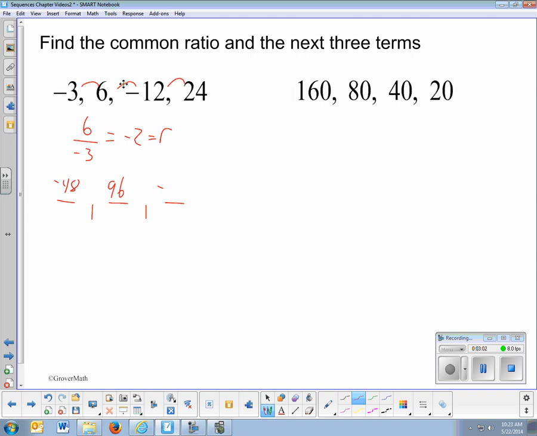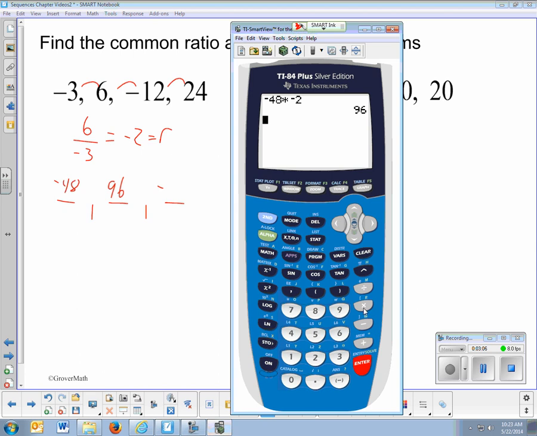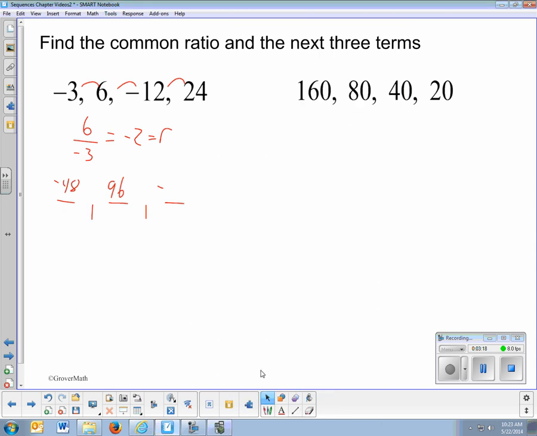We go negative, positive, negative, positive, negative, positive, negative. So 96 times negative 2 is negative 192.